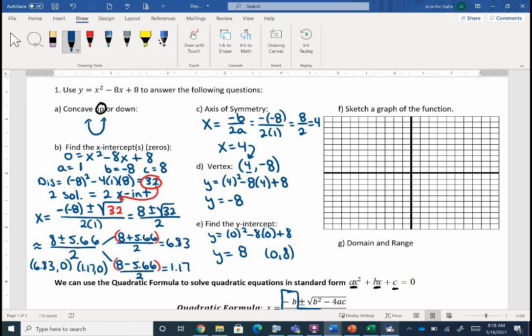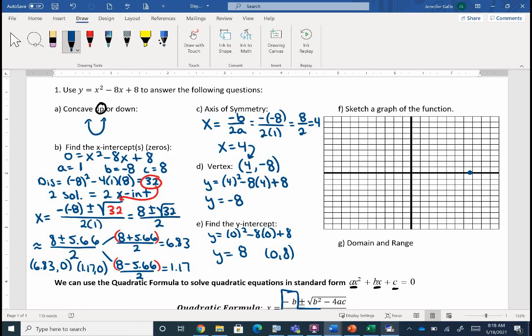Let's create our graph. So you can start wherever you want. I'm just going to work my way through. I'm going to graph my intercepts. 6.83, well, we go over 1, 2, 3, 4, 5, 6. And then we put a point that's kind of closer to 7 than it is to 6. We're going to have some not ideal decimals sometimes for our x-intercepts.